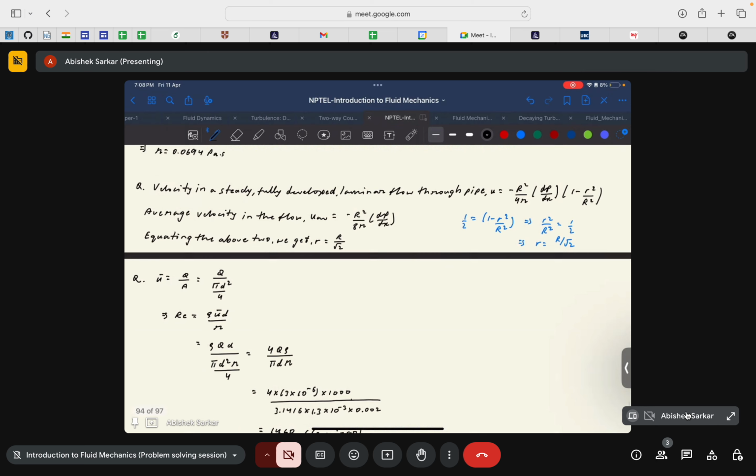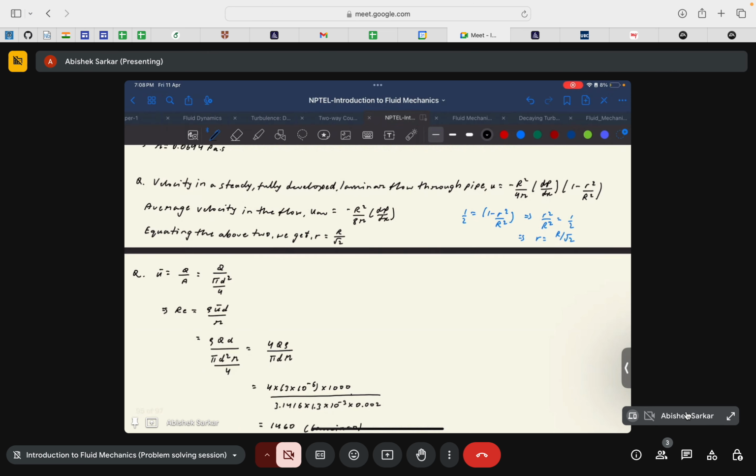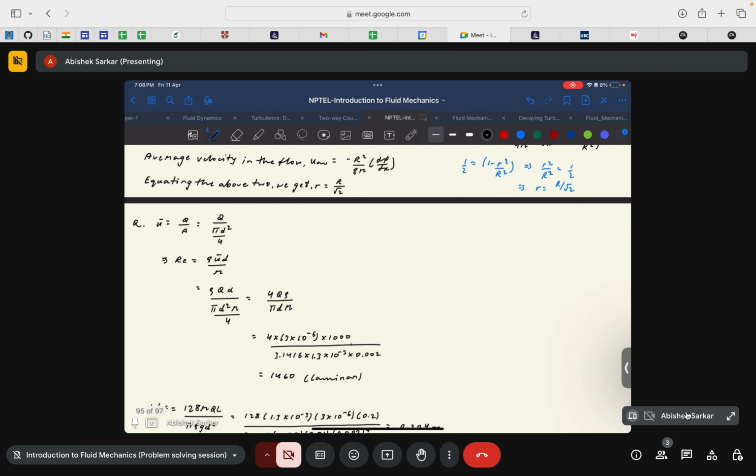Okay, so we have the average velocity for the flow through the straw as the volume flow rate divided by the area, and the Reynolds number is defined as rho times the average velocity times the diameter divided by the dynamic viscosity. So if you replace the value of u in this equation, you will get Re as 4 q rho divided by pi d mu.